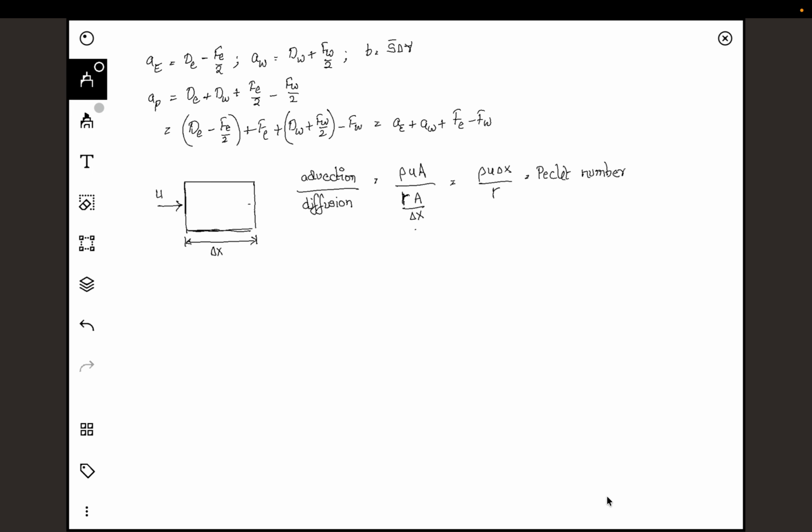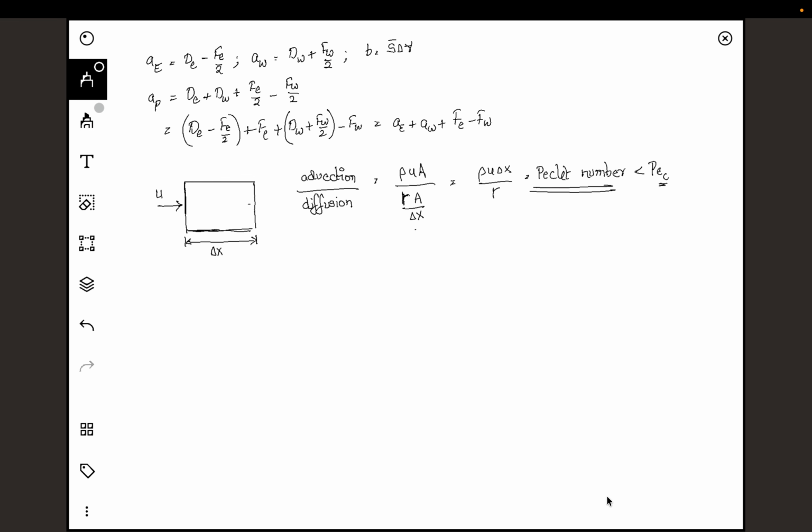As long as the condition is satisfied, then we are okay with it, right? Which means this Peclet number has to be less than a certain critical value for this method to work. If it is not, then you might get a solution, but that will become unphysical.